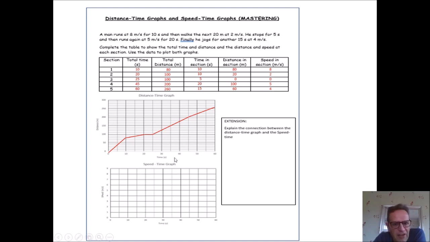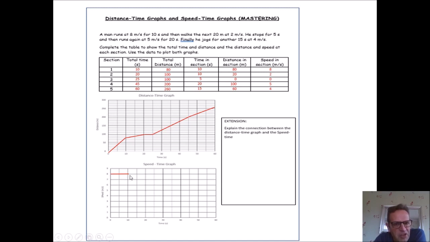And then we can look at a speed time graph, which, strangely enough, turns out to be a bit more straightforward. So for the first 10 seconds, he was doing 8 metres per second. So here we go. And this is horizontal, but this is where you must not get confused. This is a speed time graph, and on a speed time graph, if it's horizontal, that doesn't mean he's stationary, that just means the speed is staying the same.